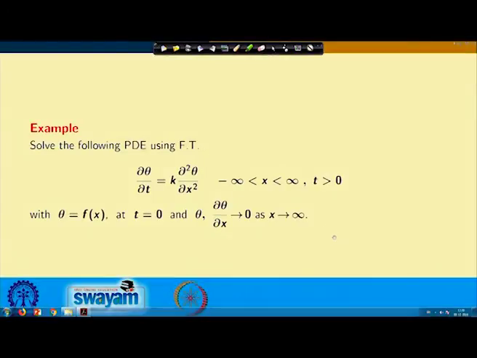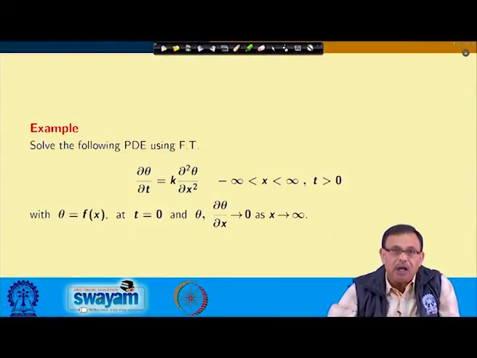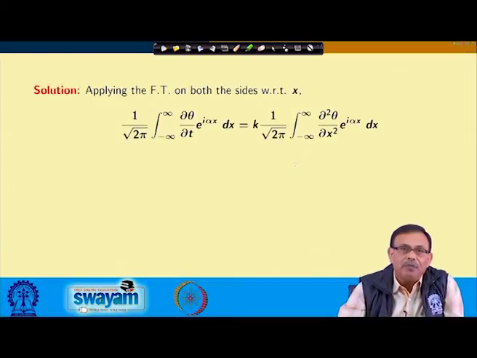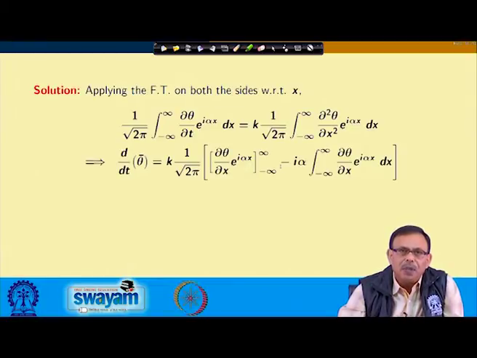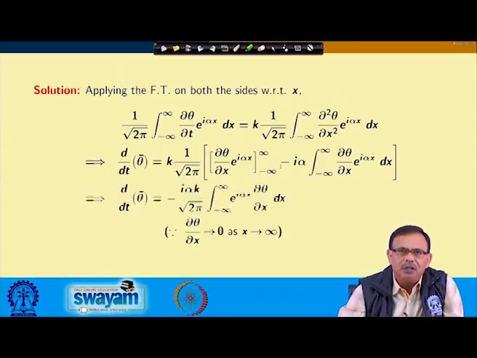So, let us see quickly over here. The problem is given like this. I am taking the Fourier transform, 1 by root 2 pi, integral from minus infinity to infinity, del theta del t equals e power i alpha x dx, and the right hand side is this. The left hand side is nothing but d dt of theta bar, because you are taking the Fourier transform with respect to x, and for the right hand side you have to evaluate the integral.